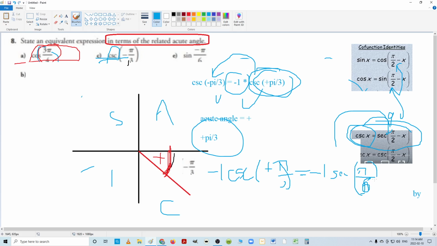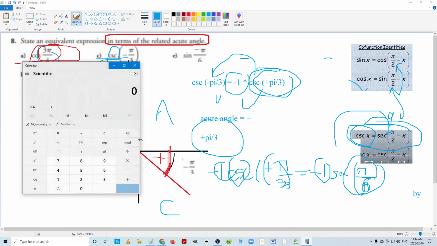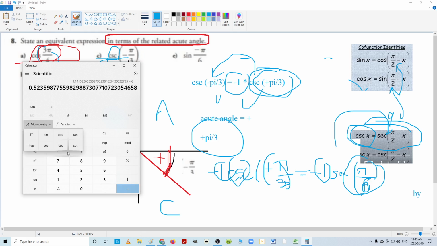So let's see if the secant of pi/6 multiplied by -1 is the same as the cosecant of pi/3 multiplied by -1. So I'm going to take pi and divide it by 6. Make sure you're in radians. So I'm going to take a secant of this, and I'm going to multiply it by -1, and I think you'll remember already that it's the same thing.